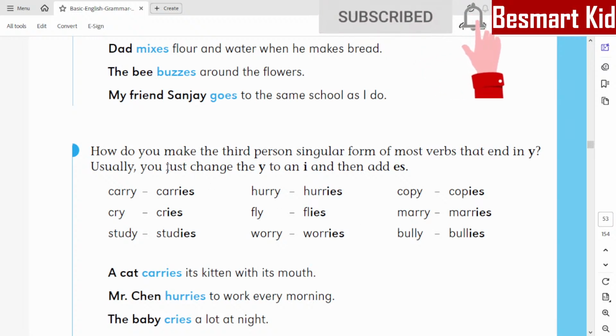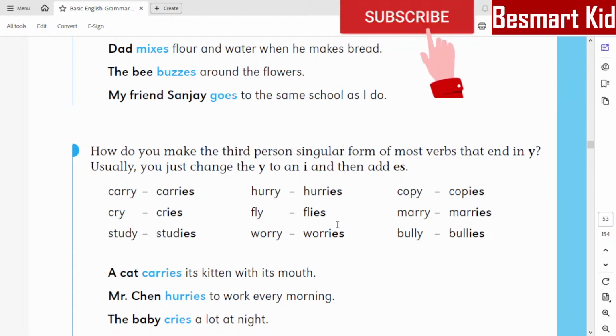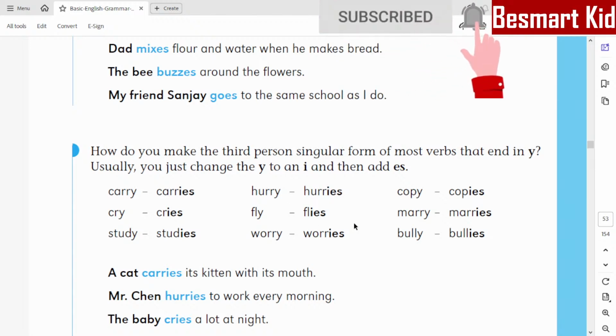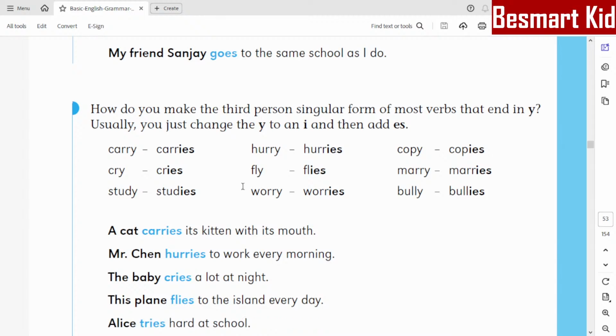And when I read the verbs like this, don't forget to repeat after me. So if you didn't repeat after me, next time don't forget to do that.